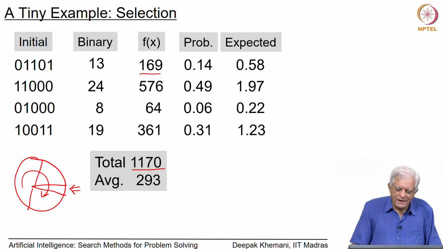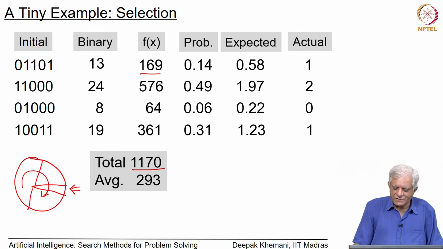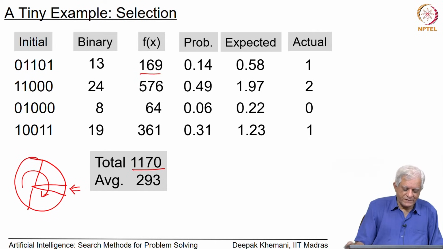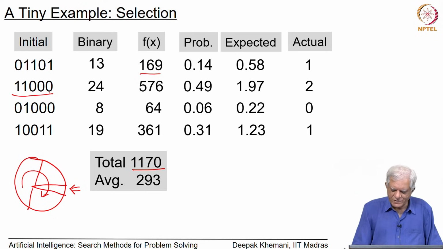Obviously, since this is a random process, anything could happen, but let us simulate the case where it happens along expected lines, which means that the candidates which are fitter are more likely to get copies made. Supposing we do this experiment, in the actual population we find that the first candidate has got 1 copy, the second candidate, which is 11000, has got 2 copies, the third candidate has produced no copies, and the fourth one has 1.